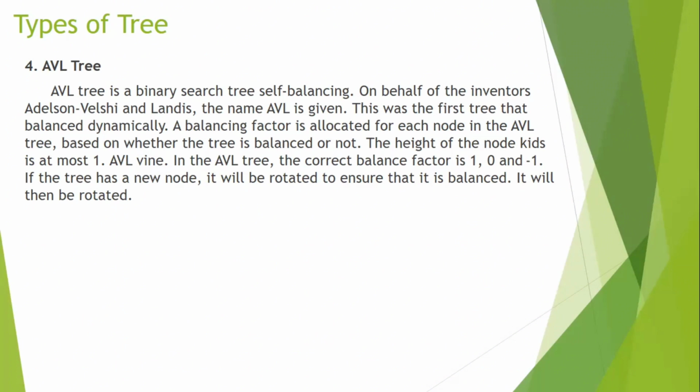A balance factor is allocated to each node in the AVL tree based on whether the tree is balanced or not. The heights of a node's children differ by at most 1. In the AVL tree, the correct balance factors are 1, 0, and -1.